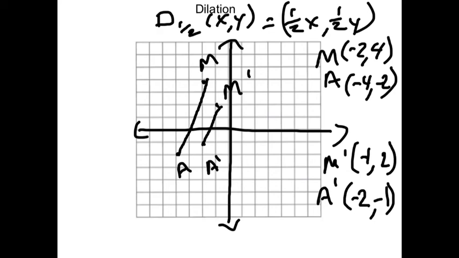So just remember that whatever you're given as your scale factor, you just have to multiply both the x coordinate and the y coordinate by that scale factor to get the coordinates of your image point. We are only dilating with reference to the origin, so this method works when you are dilating with reference to the origin.